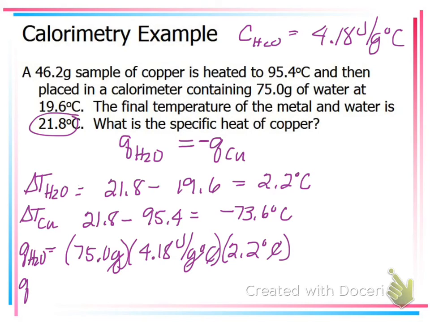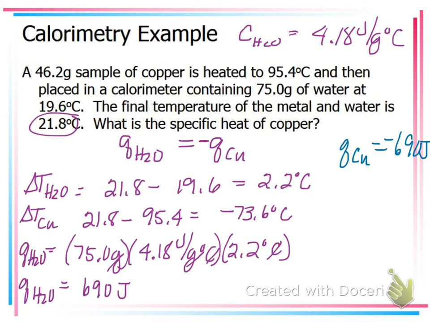So I get that my Q for water means it was gaining 690 joules of heat. That's how much it gained. So that means that I'm going to do this in a different color now, that Q of copper is a negative 690 joules. Because that's how much it lost. So it lost that much heat because that's how much water gained.